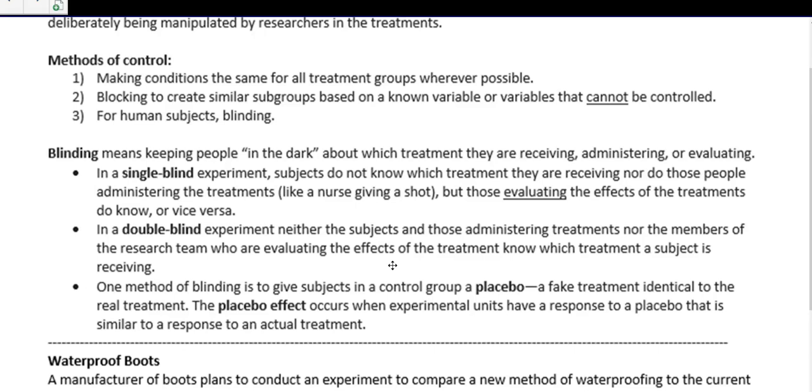The nurse giving the pill, the person taking the pill, the doctor evaluating the symptoms after the pill is received, none of them know which patient got which pill, whether it's real or fake. But the person gathering the data at the end to analyze it does know which person was in which group, which person got the real pill, which person got the fake pill.